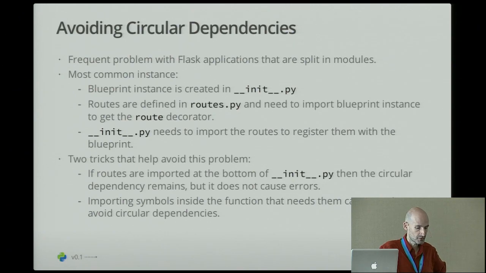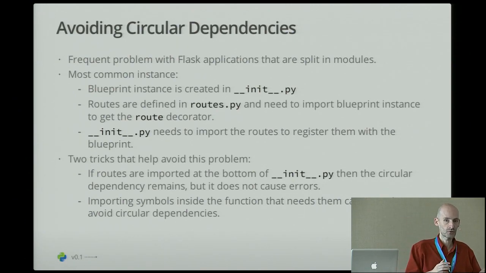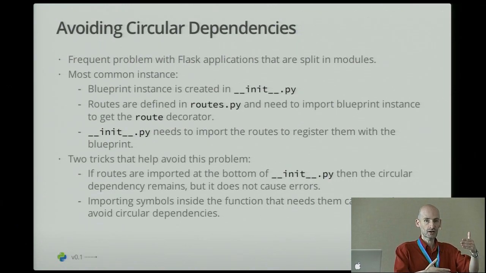The problem here is that, be it the app or a blueprint, you have a package constructor that defines the blueprint, and then routes in a different module need to import the package, the blueprint.